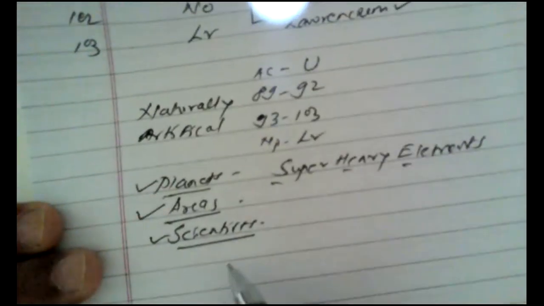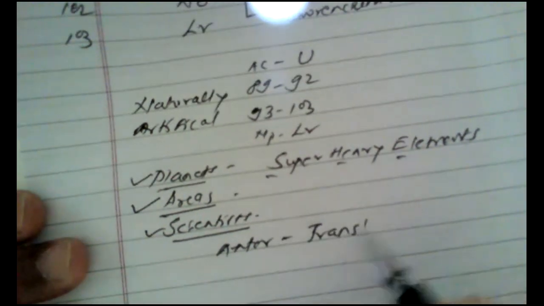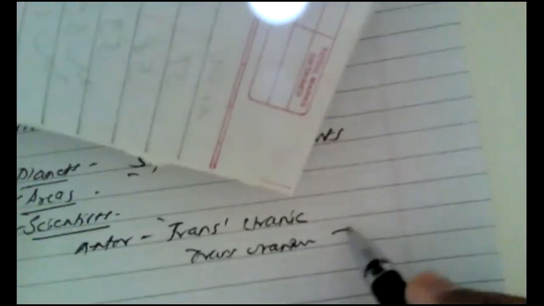The proper word in English vocabulary for after a particular word is trans. So those elements which are situated after uranium are known as transuranic or transuranium elements, or sometimes abbreviated as TU elements.